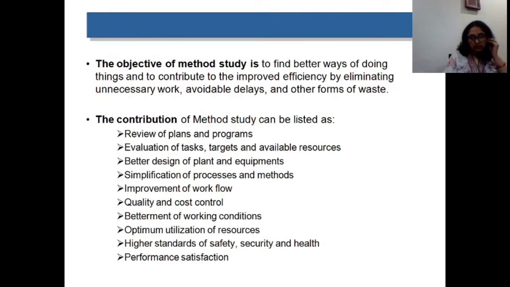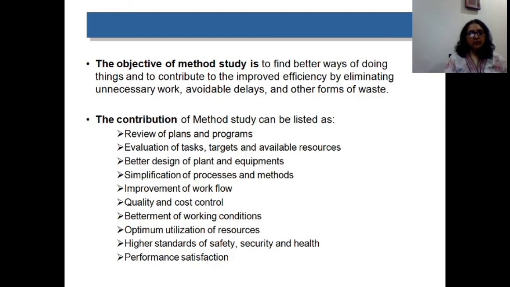Now, the objective of method study is obviously to find better ways of doing things, as I said, and to contribute to improved efficiency by eliminating unnecessary work, avoidable delays, and other forms of waste. So the main objective of method study is to find a better way of doing the job, so that the improved method avoids unnecessary waste and unnecessary work, and delays and bottlenecks can be removed.